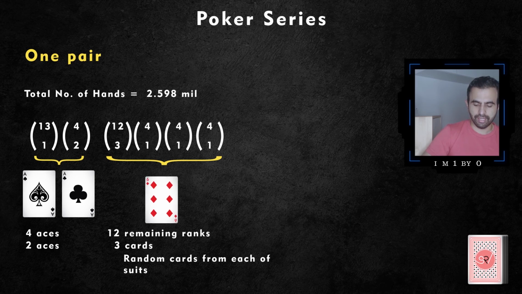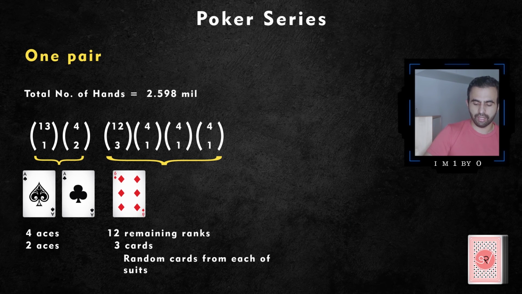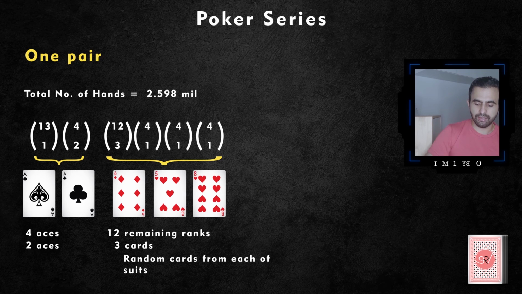So for example, I can select a 6 here, I can select a 5 here, I can select an 8 here, it can be an 8 of hearts, it can be a 5 of hearts, then it can be a 6 of diamonds. But here I have an ace and an ace, right? This gives me the one pair, and then you have 3 random cards. When you calculate this out, you get 1.098 million.